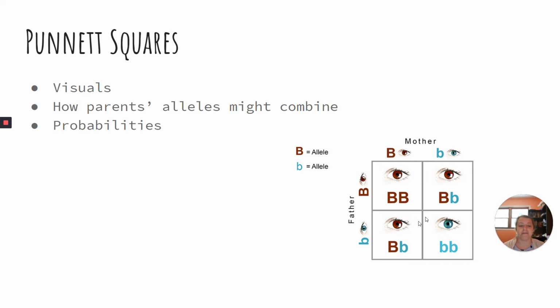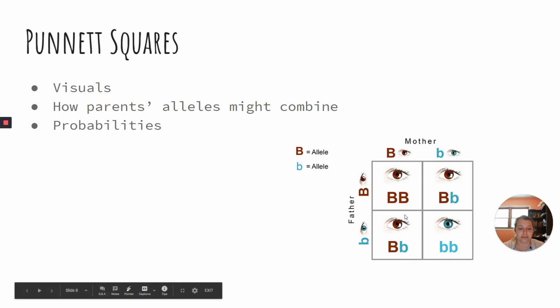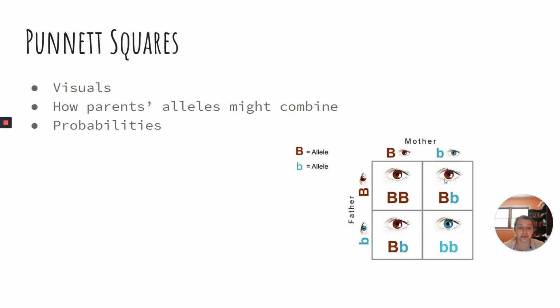So there are 4 possibilities. How many are going to be brown-eyed? 1, 2, 3. That is 3 out of the 4. Now, what's another way of saying 3 out of 4, or 3/4?